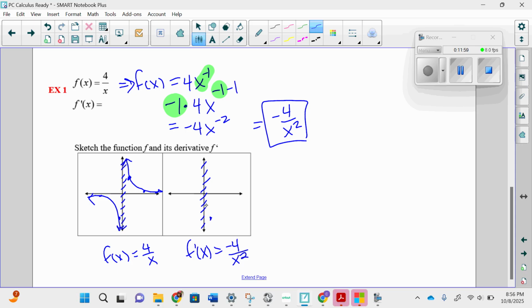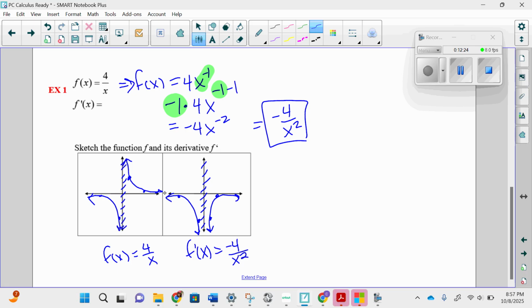When I substitute in 2, I'm going to choose 2 because 2 to the second power is 4, I get out negative 1. And on the other side of my asymptote, when I substitute in negative 1, negative 1 to the second power is positive 1, so I still get out negative 4. Same thing with negative 2, I get out negative 1, so my derivative looks like that.